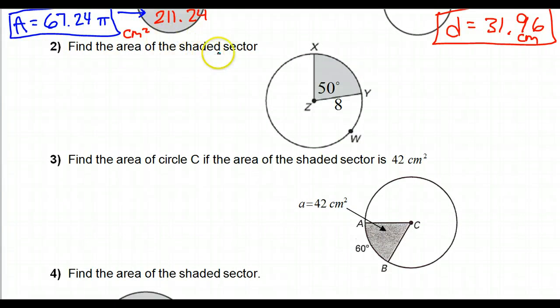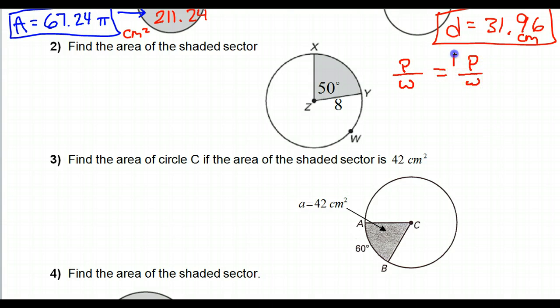Find the area of the shaded sector. Oh, look at that. Anytime you're trying to find a partial area, the area of a sector, you should be thinking, you know what, we need to do part over whole equals part over whole, like this. It's one of these situations.